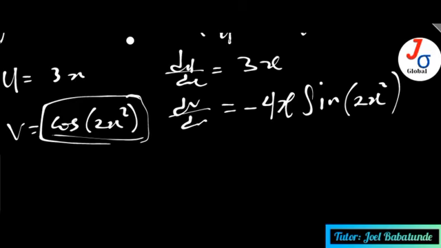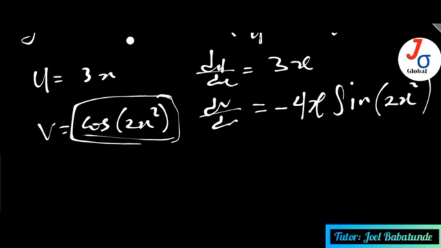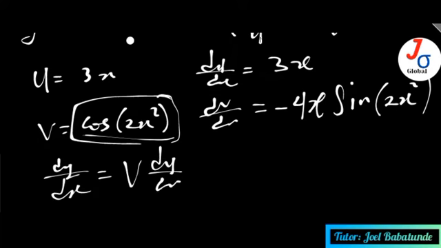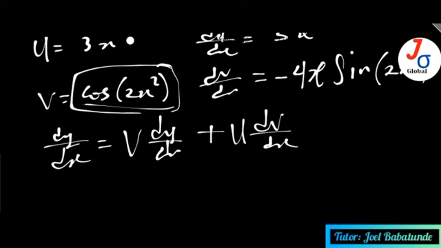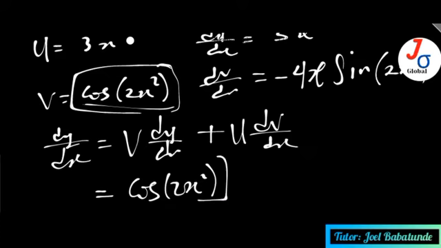Okay, so from the product rule, we know that dy dx is actually v du dx plus u dv dx. So what's my v? My v is cos 2x squared. What's my du dx?